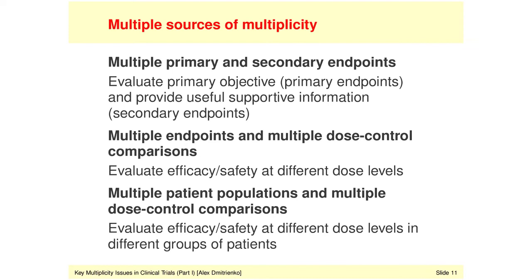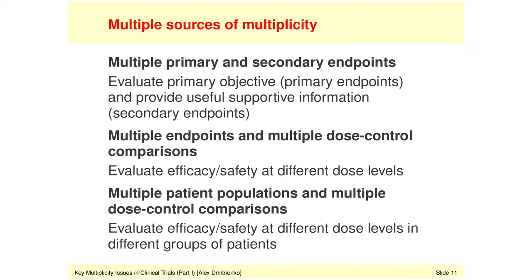For example, it is quite common to see confirmatory trials with multiple primary and secondary endpoints. The primary endpoints determine the main outcome of the trial, and the secondary supportive endpoints provide useful supportive information. The primary endpoints and secondary endpoints are placed in two different families that are tested sequentially.